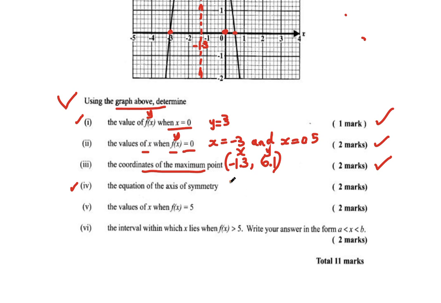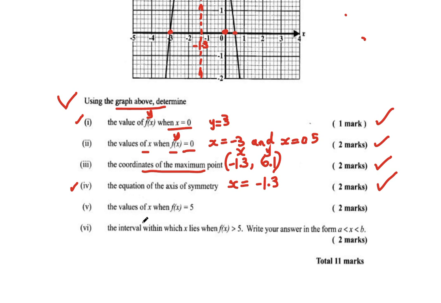The equations of lines that cut the x-axis are expressed in terms of x. So this would be x equals negative 1.3. That is the equation of the line of symmetry, x equals negative 1.3, and that takes care of this additional 2 marks.